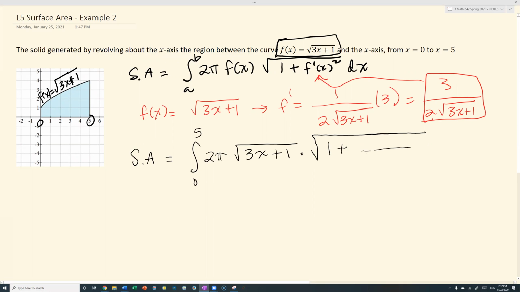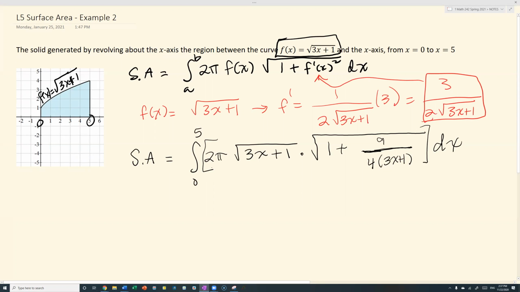When we square that, that's going to give us 9 on the numerator, and on the denominator, we will have 4 times 3x plus 1, because square will undo square root. And then we have that dx at the end. So we are integrating all that with respect to x from 0 to 5.